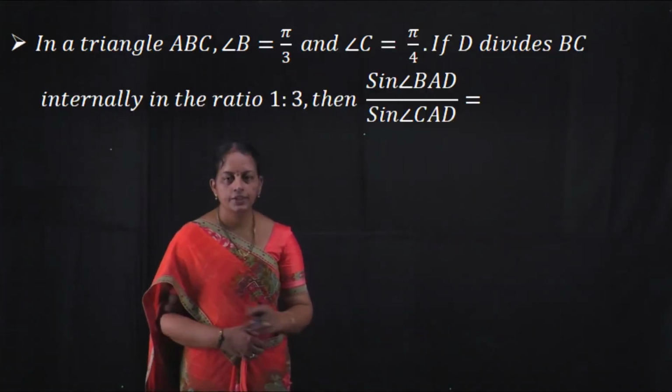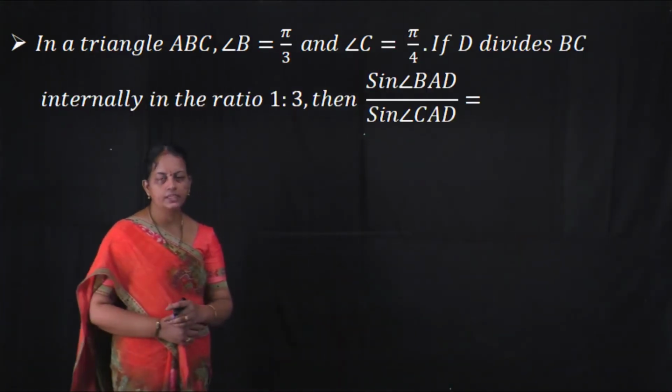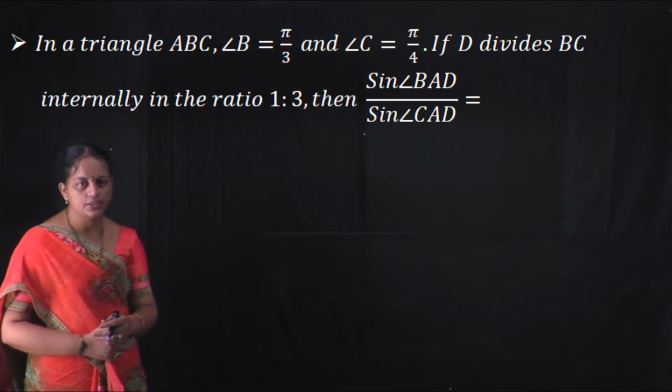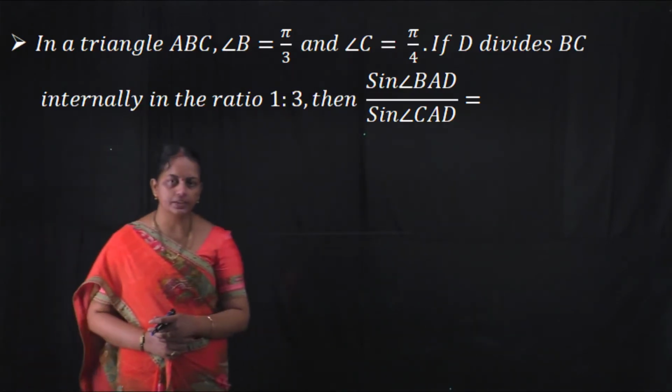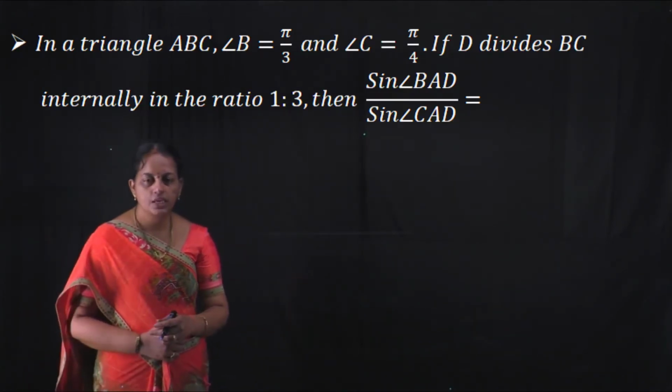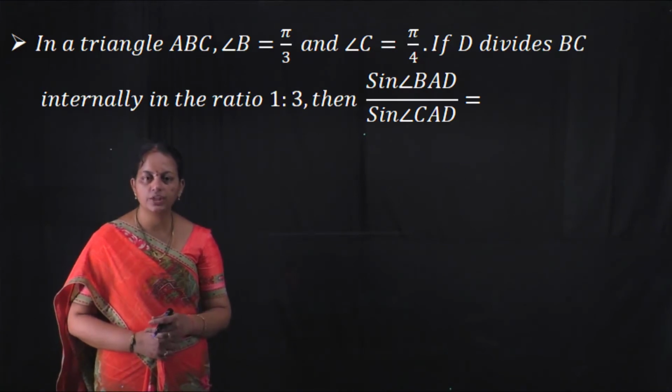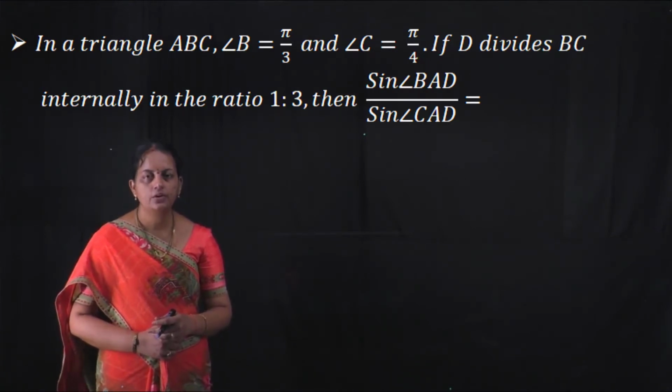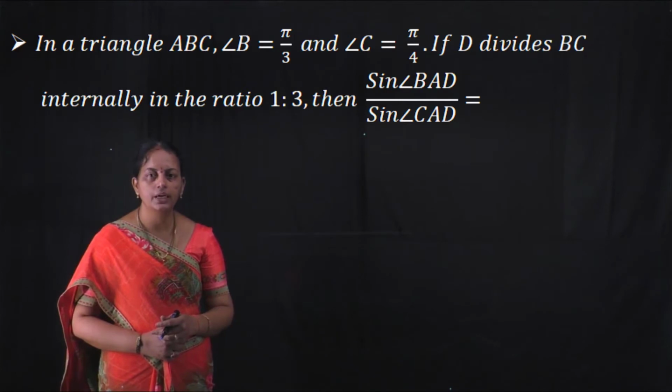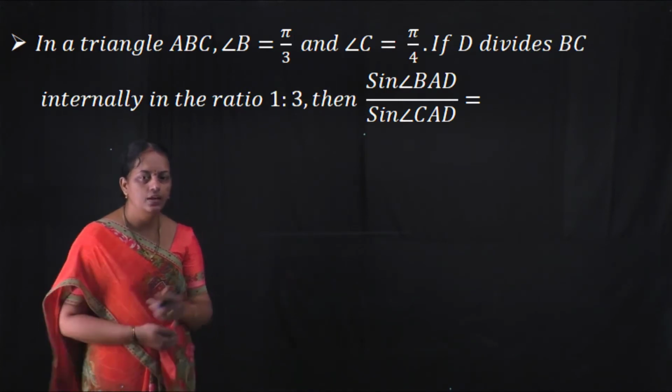Okay. Next one: in triangle ABC, angle B is equal to 60 degrees and angle C is equal to 45 degrees. If D divides BC internally in the ratio 1:3, then what is the value of sine of angle BAD by sine of angle CAD?